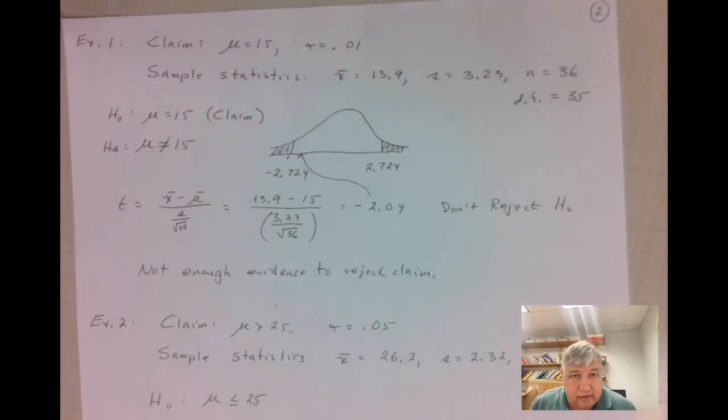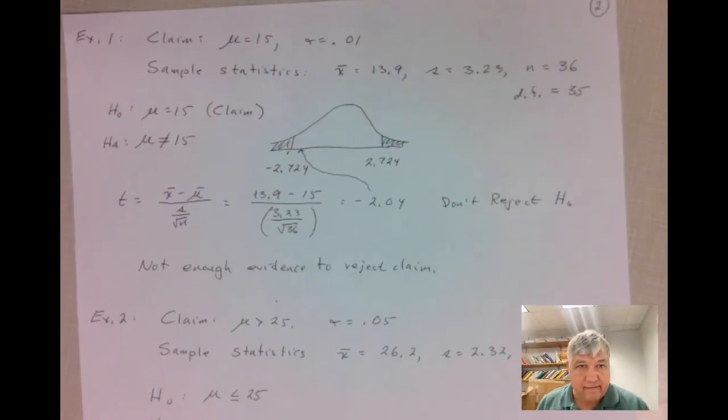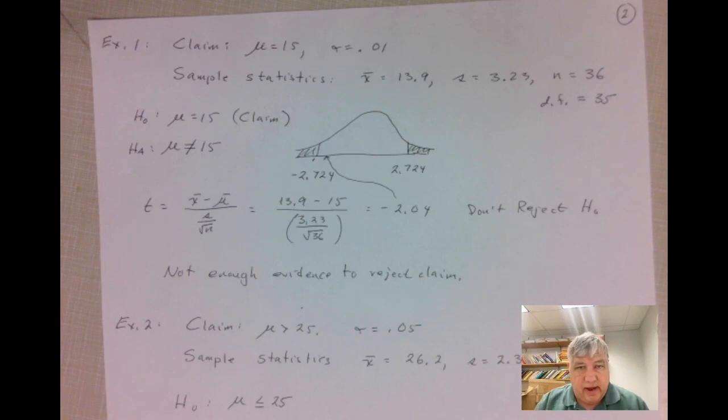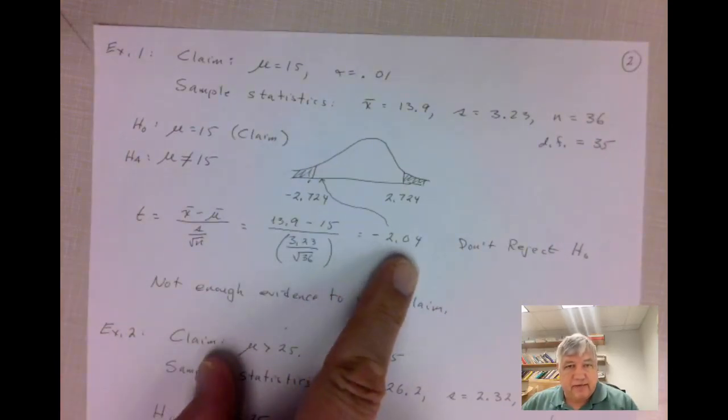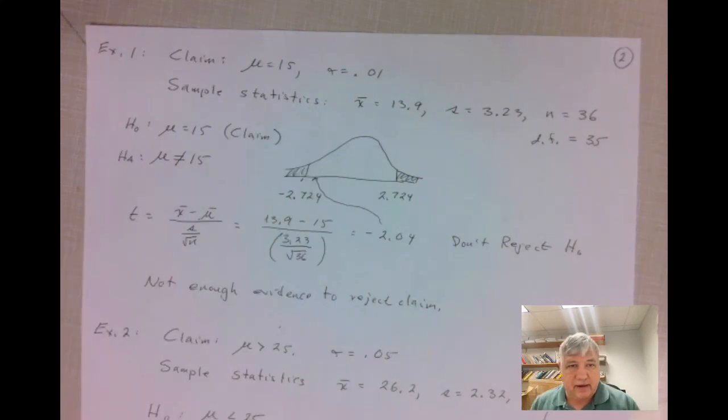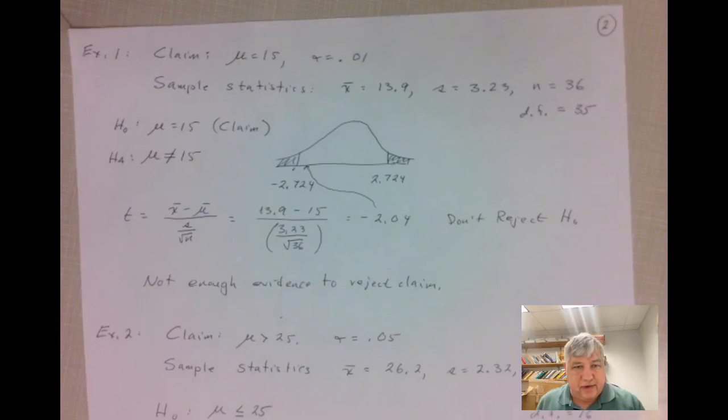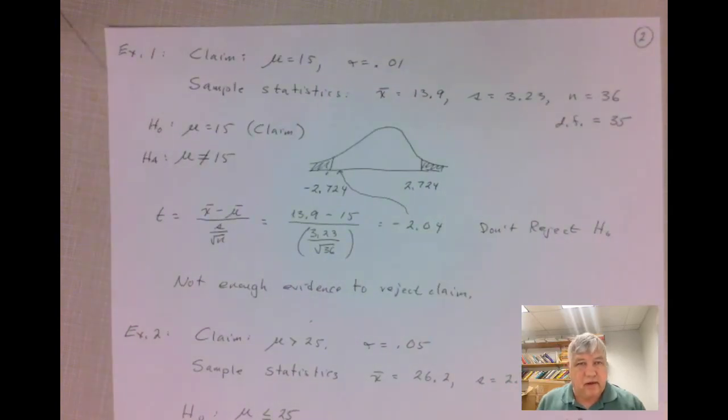So that's how we get 2.724. All right. Then t is computed this way. We plug everything in. We get negative 2.04. That is not in the rejection region. So we don't reject the null hypothesis. And because we're not rejecting the null hypothesis, and the null hypothesis is the claim, we don't reject the claim. So we would say there's not enough evidence to reject the claim. It's not the same as saying that we support the claim, which we just say we can't reject it.